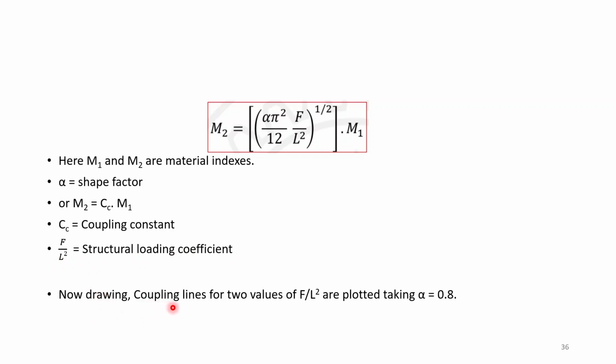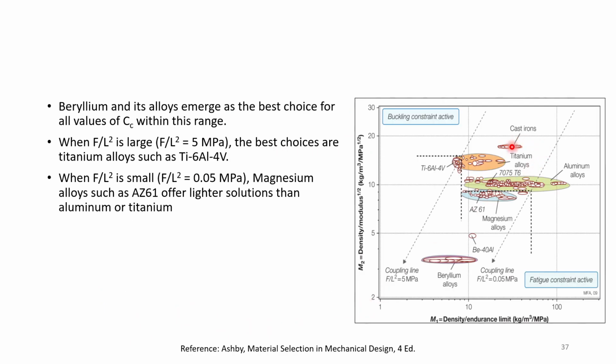Now coupling lines for two values of F upon L square are plotted taking alpha equal to 0.8. These are two coupling lines for F upon L square values of 0.05 MPa and 5 MPa. Now in between these you can find your material. Beryllium and its alloys are in between these, so its alloys emerge as the best choice for all values of Cc within this range.